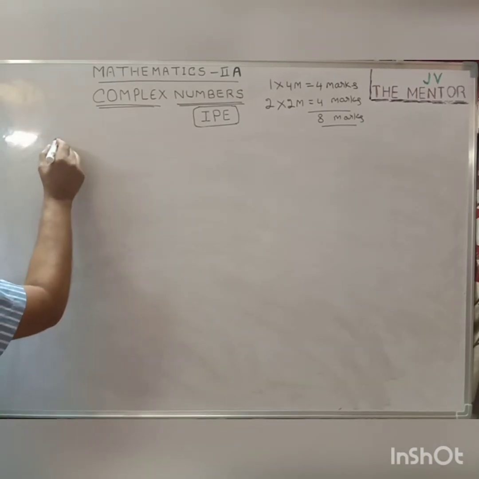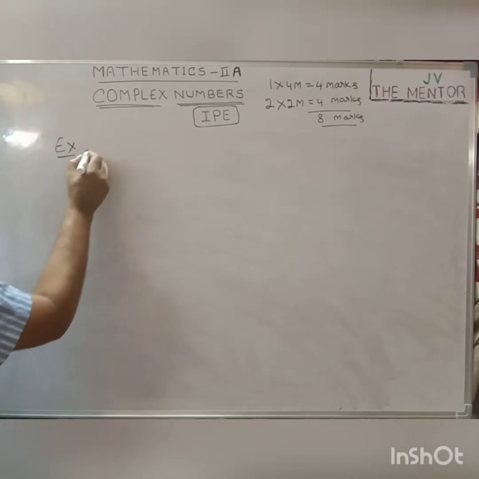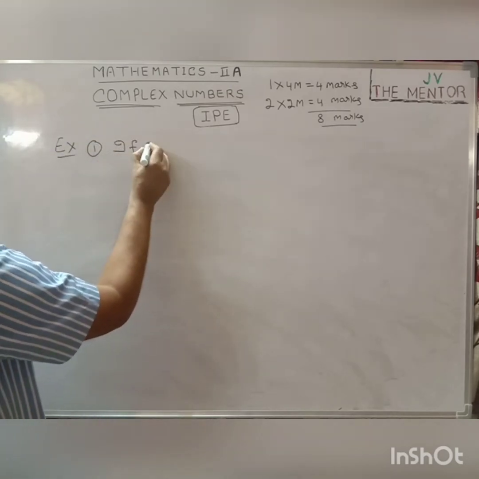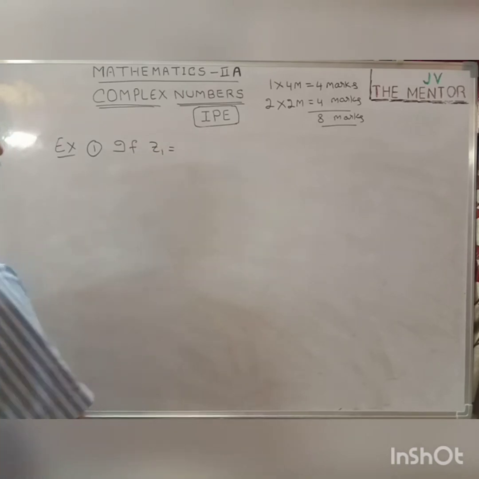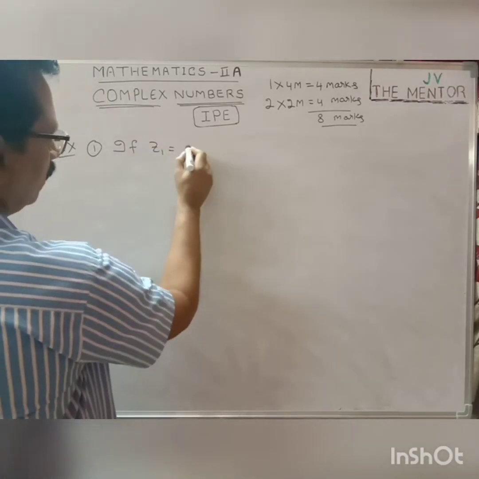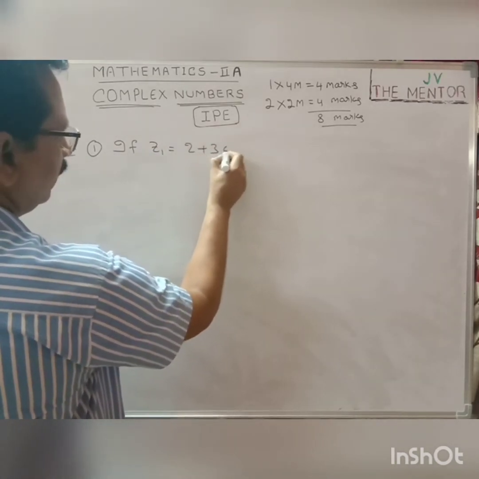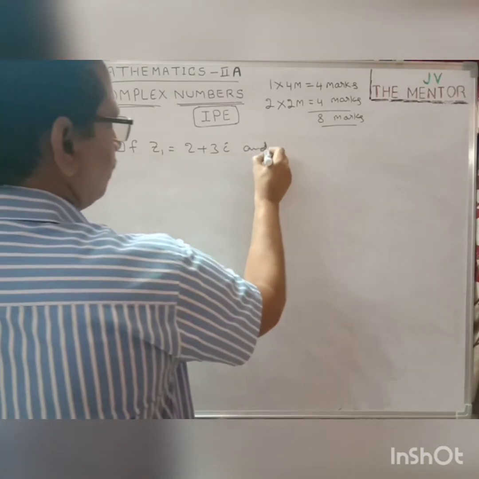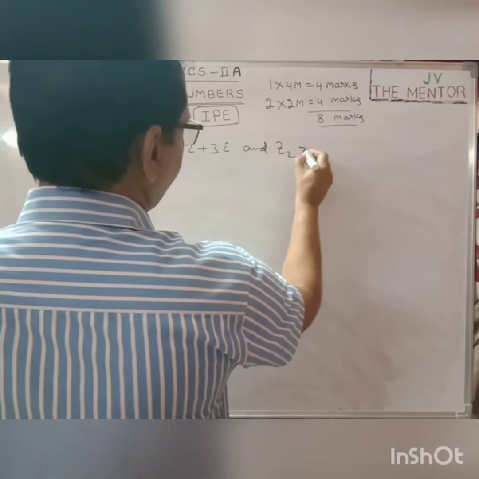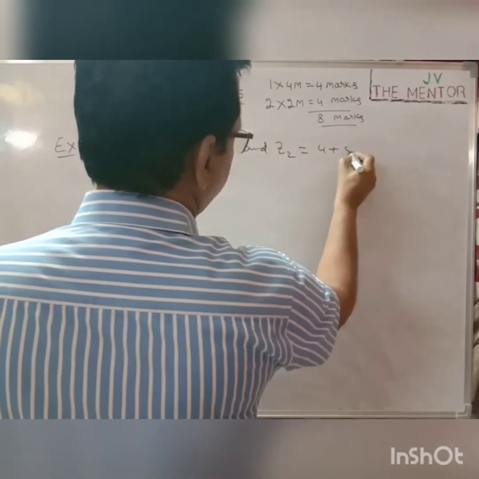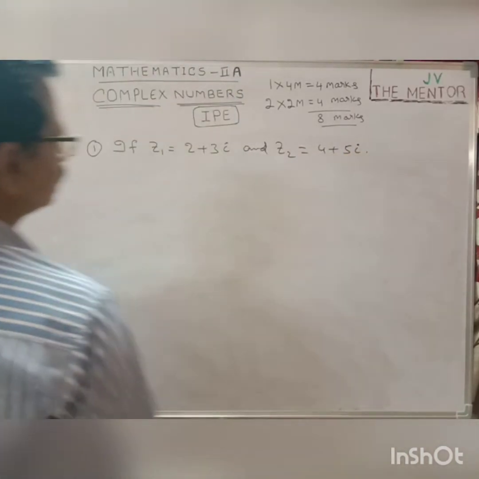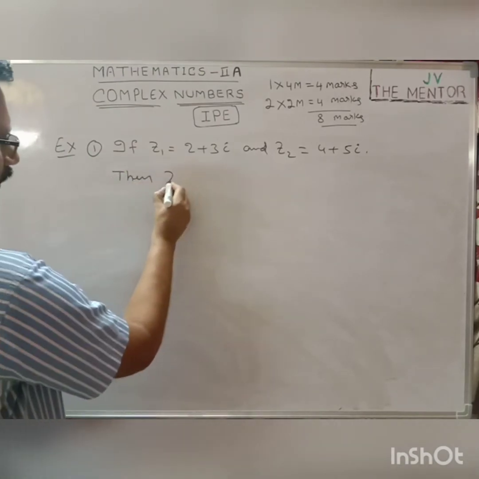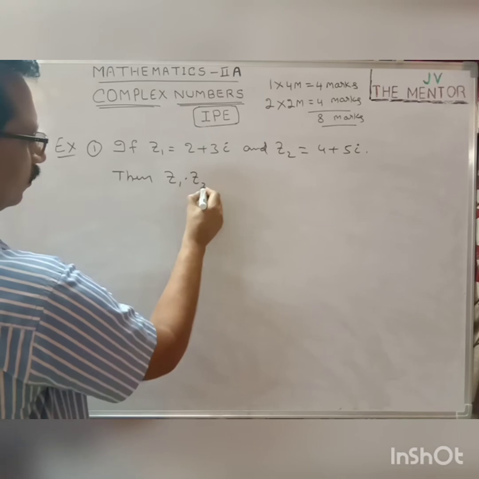Example, if Z1 equal to 2 plus 3i and Z2 equal to 4 plus 5i, then Z1 into Z2.